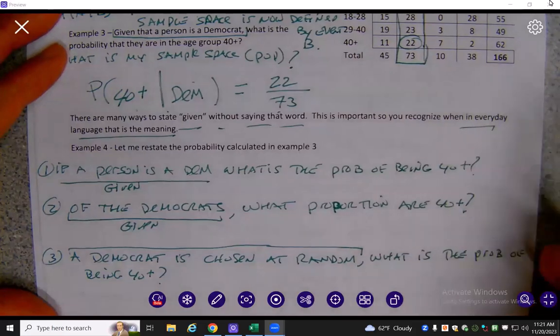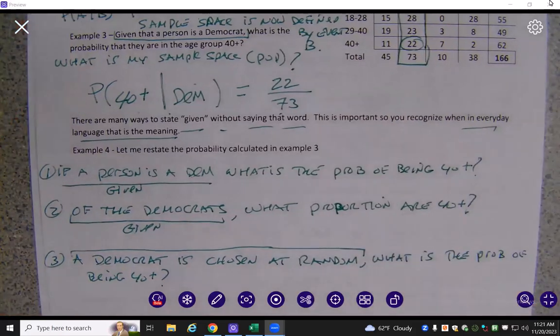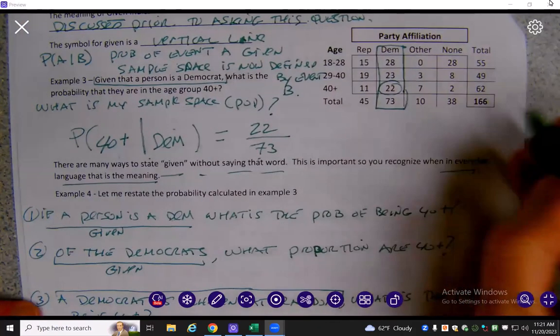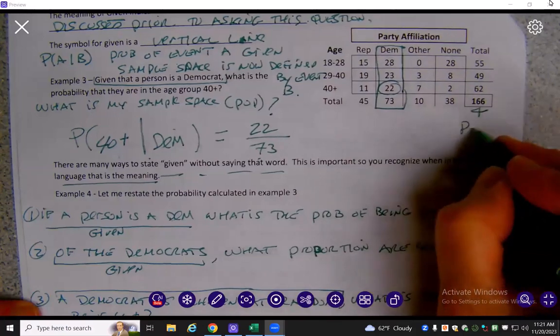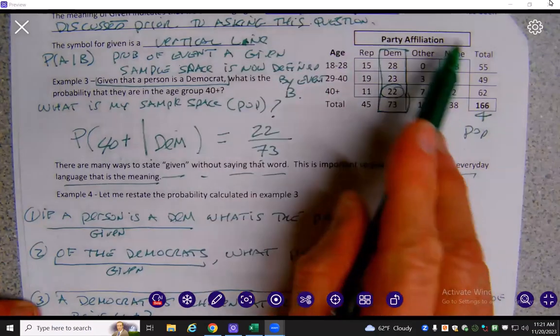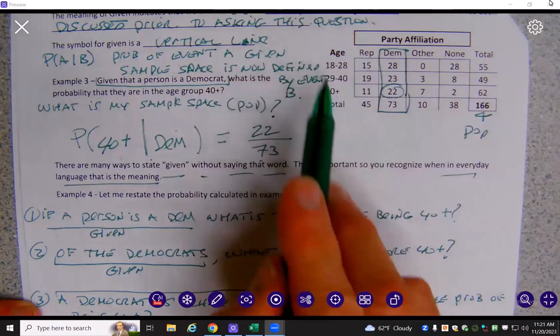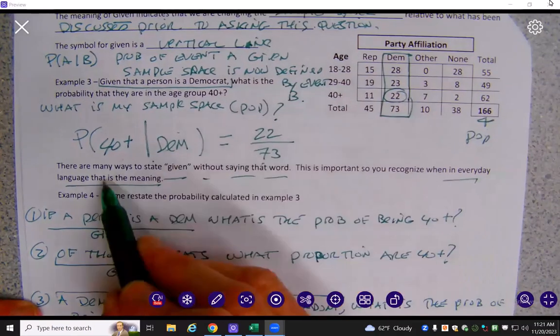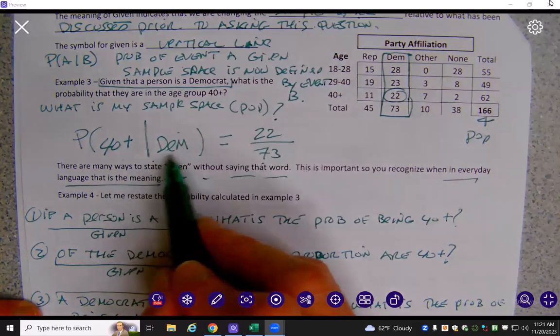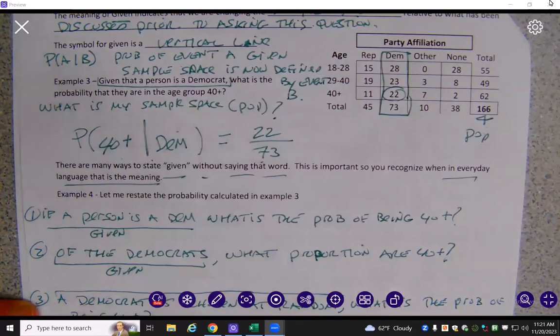That's right. So it's a given. The reason we need this statement is because the table is about all of them. This is our population. The table is the only place the information comes from, so we need to make this distinction, because this is signaling that we're changing our sample space. That's what this is about.